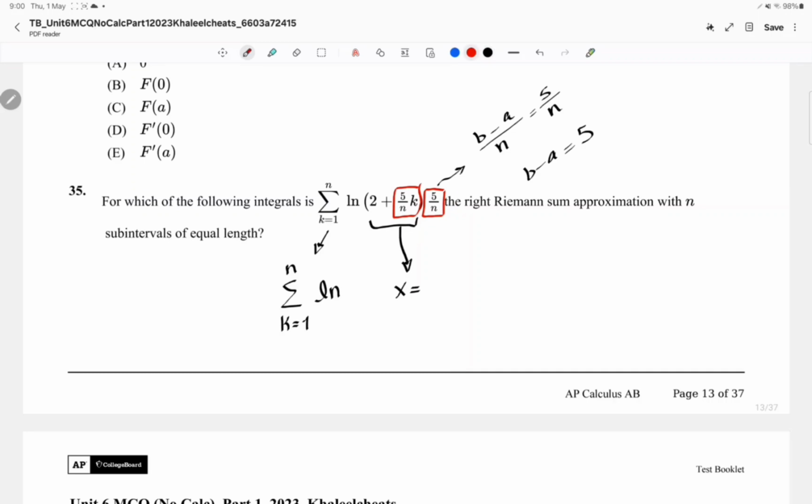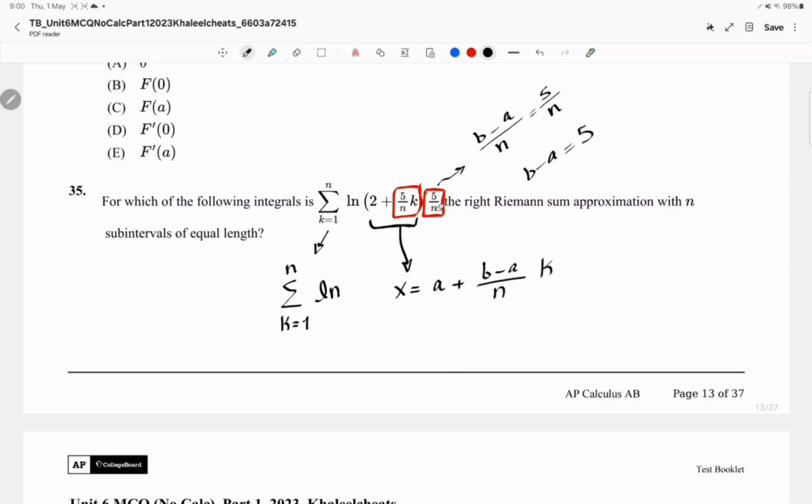Okay, so like I said, if the 5 over n on the outside is the same on the inside, but simply with a k attached to it, then that means the whole thing inside is just the x term. And how do you define the x term in the Riemann sum? It's going to be a plus b minus a over n times k.